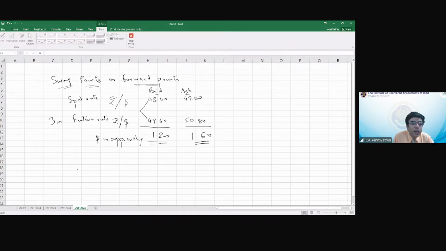Right? Let us take another example. Say the rate is GBP to dollar, 1.20 and 1.30. And let's say the 3-month forward rate is 1.28 and 1.40.